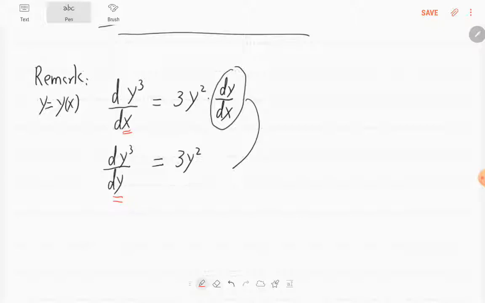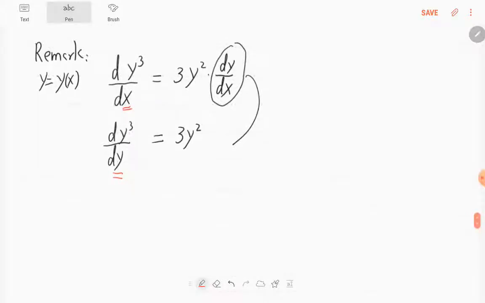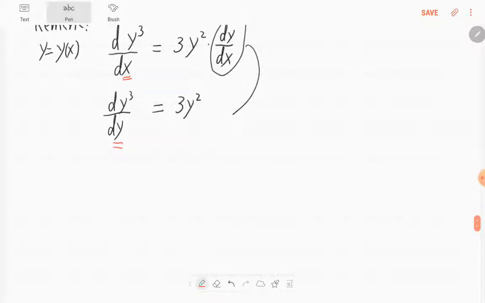So you have 3y squared, and you use the power rule directly, right? The similar thing you have is the derivative about y for the function sine y. So we know it's equal to cosine y, right?